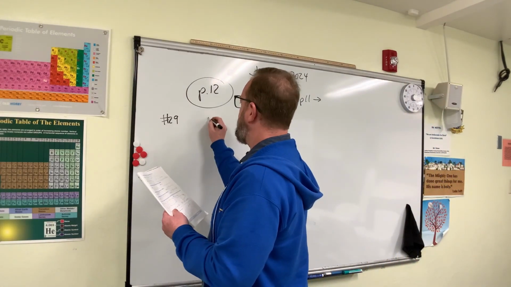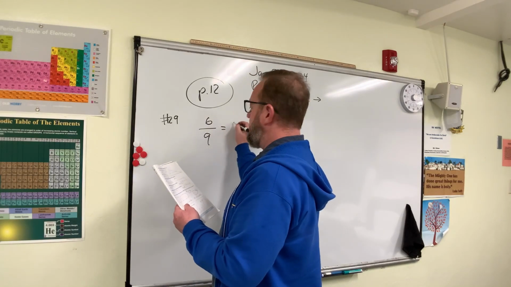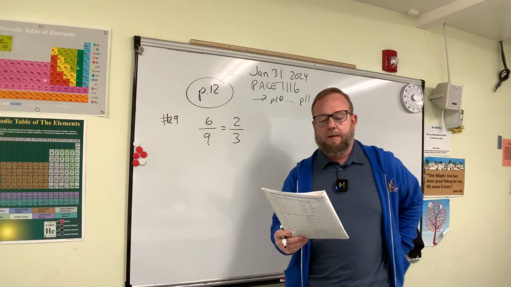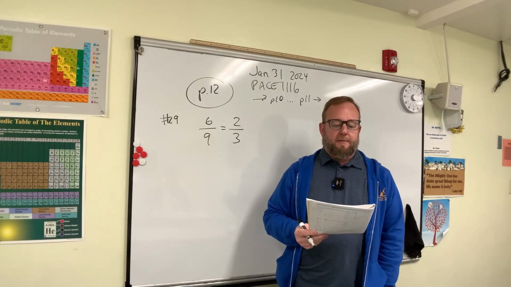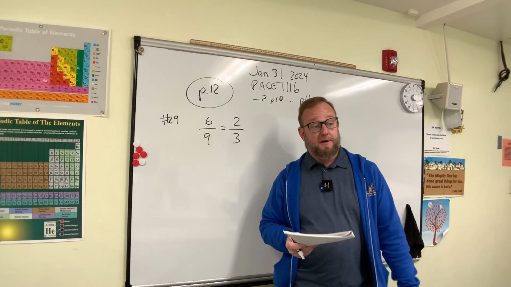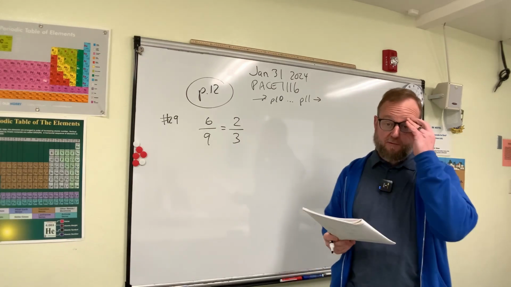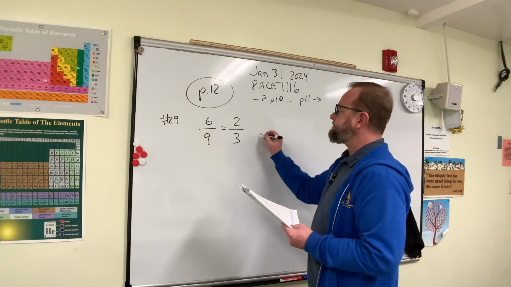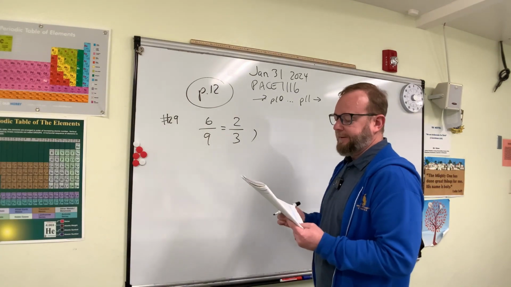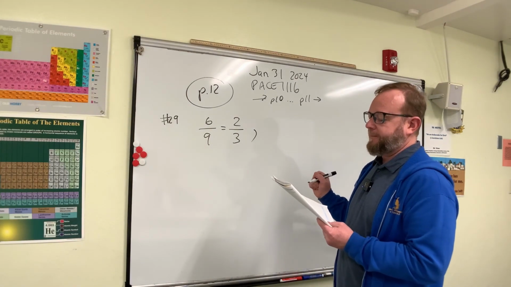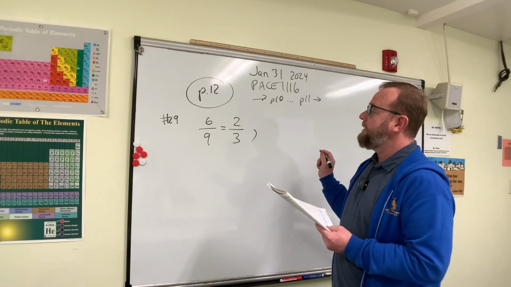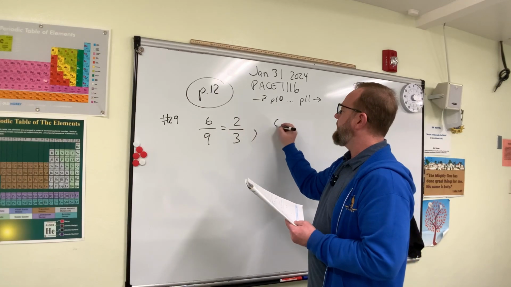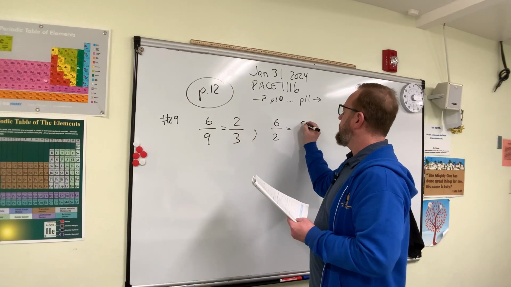29 is 6 over 9 equals 2 over 3. Based on what theorem 85 tells us, because of the different ways you can rewrite this problem, what's another way to write this? What do you got? I can switch these two, right? Making it 6 over 2 equals 9 over 3.